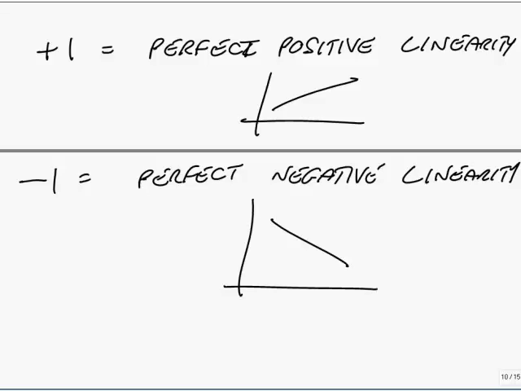You know, maybe it's how much money you spend on medicine and how ill you are. The more you spend, the less ill. Perhaps that doesn't make sense, but you know what I'm trying to say. Those would be perfect. The further away from +1 or -1, the less perfect it is. I'm not going to write it, but if it was 0, we would say there was absolutely no link at all. Okay?